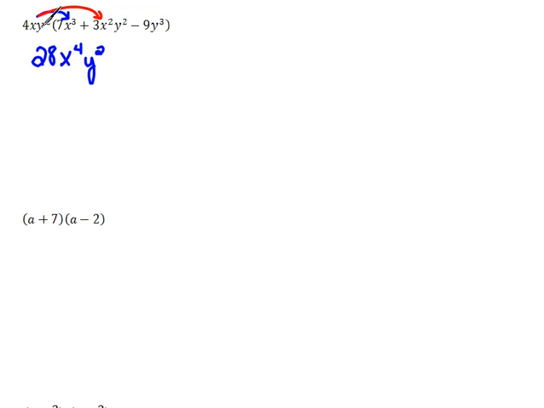So 4xy squared times 3x squared y squared is going to be a positive 12. For our x's, again, we need to add the exponents, so that would be x cubed. And for our y's, we need to add the exponents also, so that would be y to the fourth. Now we need to distribute to the last term.